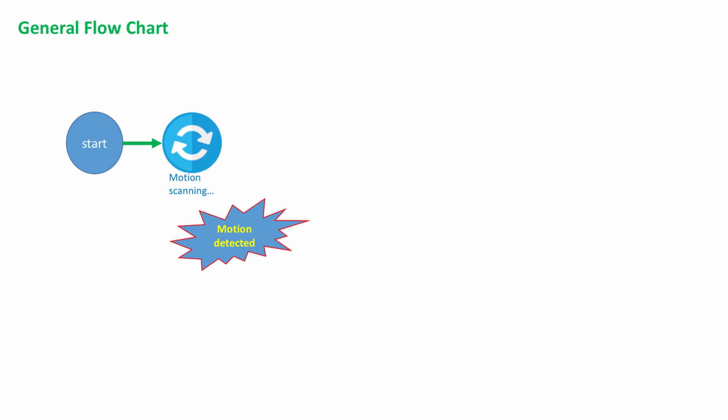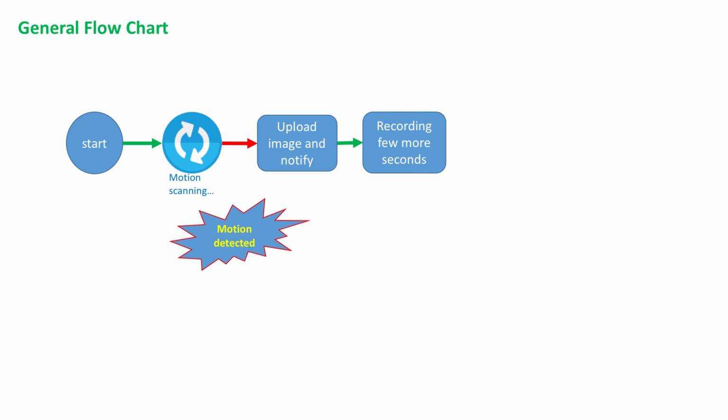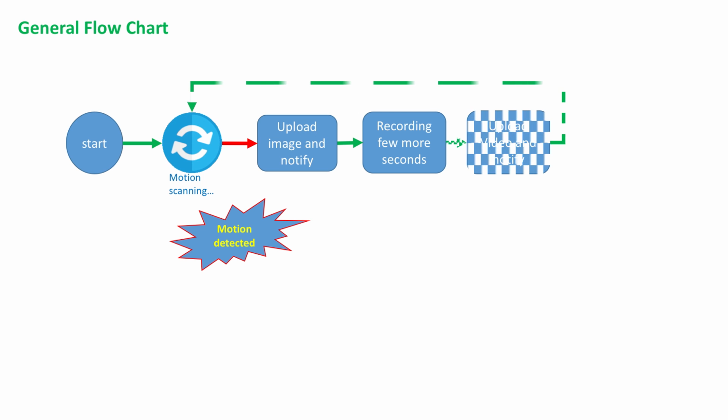When you start main.py, the system takes about 2 seconds to warm up the camera before it works perfectly. So it jumps right into the motion scanning state. When motion is detected, it will capture an image, upload it to Pushbullet and send a notification to your phone. Then it schedules a timer of a few more seconds to record more video about the moment the motion happens.